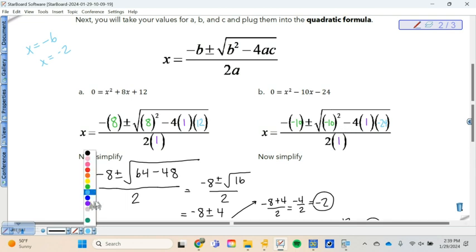So think about what's negative 10 squared. Make sure you put the negative 10 in parentheses before you square it if you're using a calculator. 100. Good. So I now have 100 minus 4 times 1, that's 4. What's 4 times negative 24?